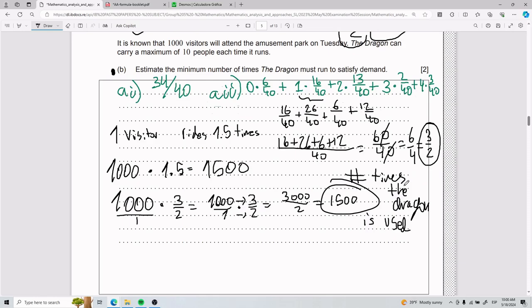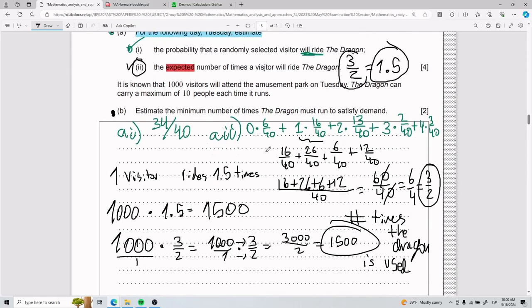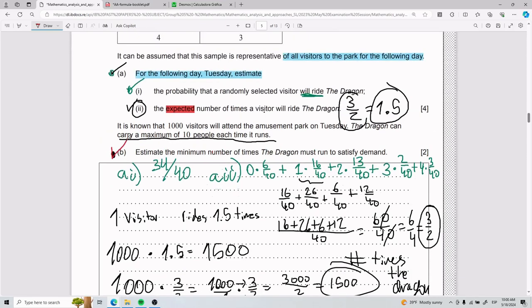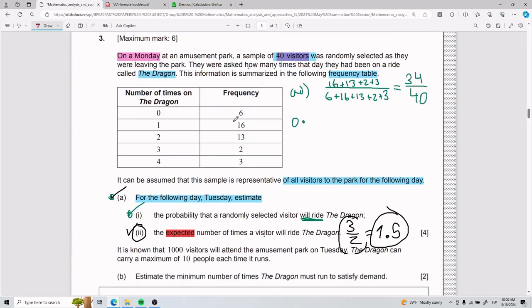So that is the number of times the dragon is used. And because the dragon can carry a maximum of 10 people, the minimum number of times it has to run to satisfy the demand is 1,500 divided by 10. So if you divide by 10, because they both have a 0, you can cancel out, 150 times. So that is for part B, and that is for number 3.